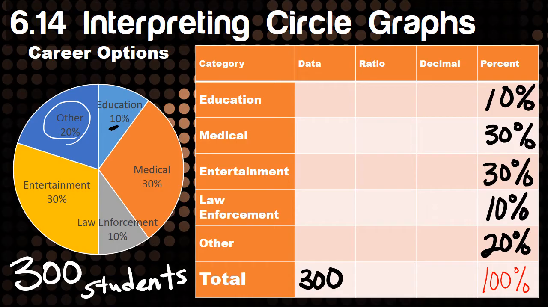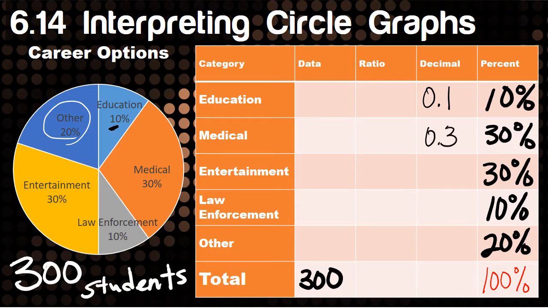So what we're going to do now, in order to figure out our ratio and eventually our data, is change our percent to a decimal. We put our decimal point at the end and move it 2 places to the left to get our decimal. When we do that, our decimal for 10% is 0.1. Our decimal for medical is 0.3.